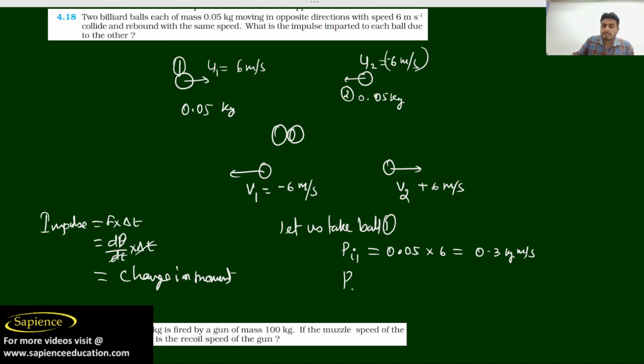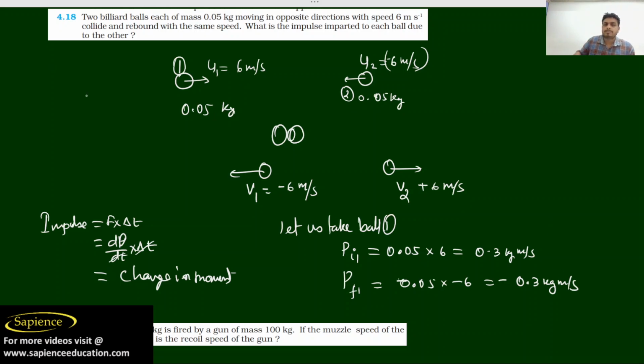And the final momentum will be 0.05 into minus 6, which is minus 0.3 kg meter per second.